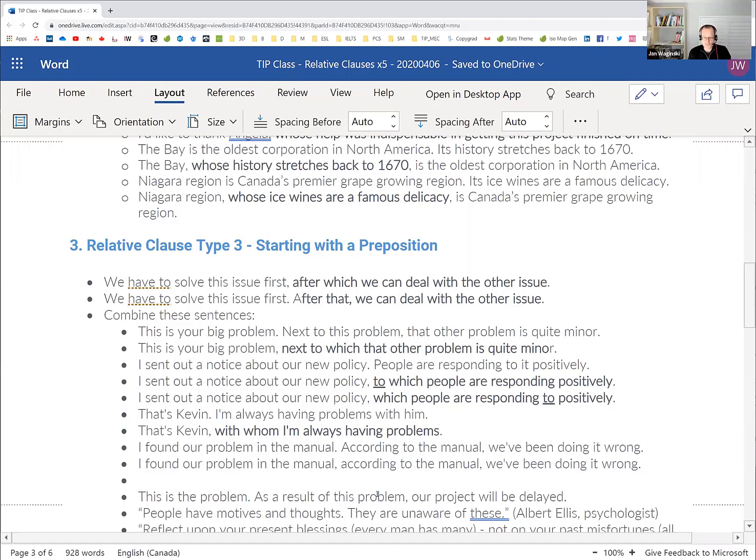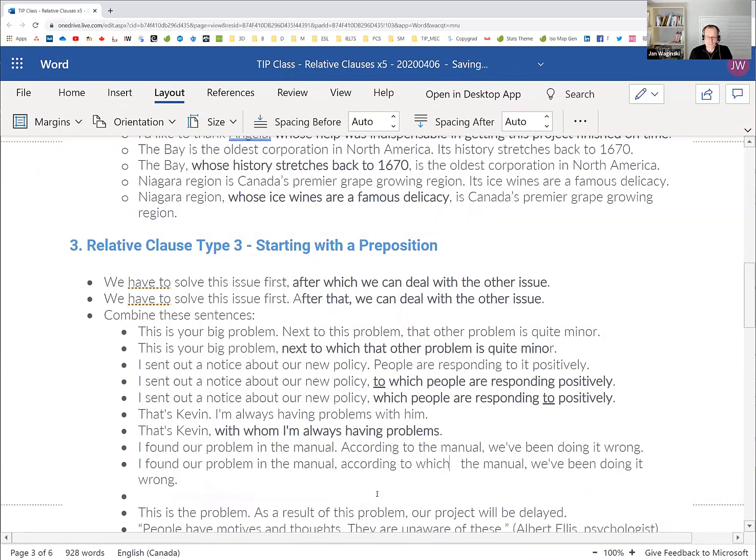According to is your preposition here. It's a preposition phrase. To that manual? To which? According to which? Yeah.